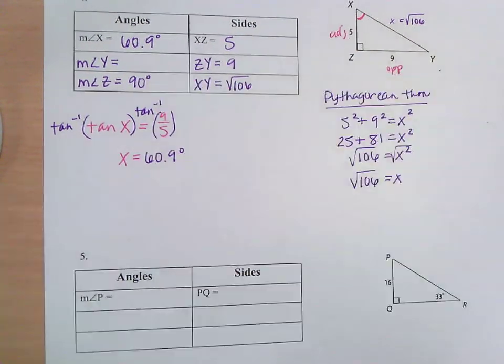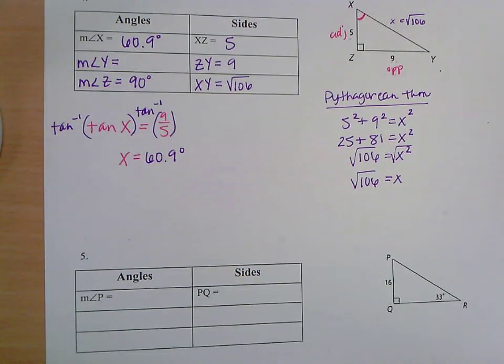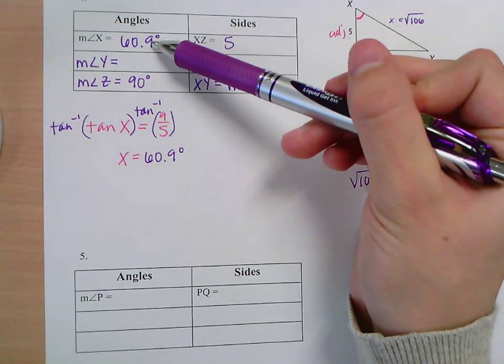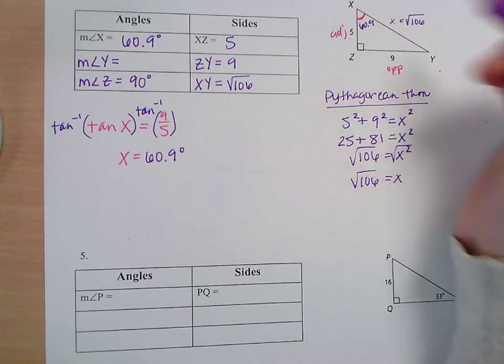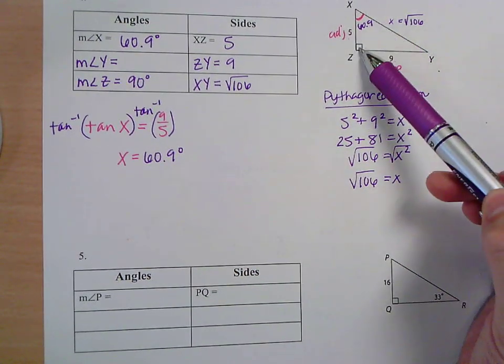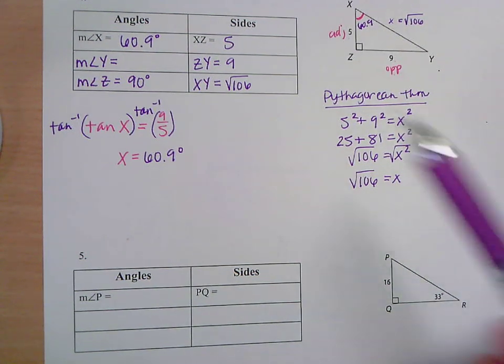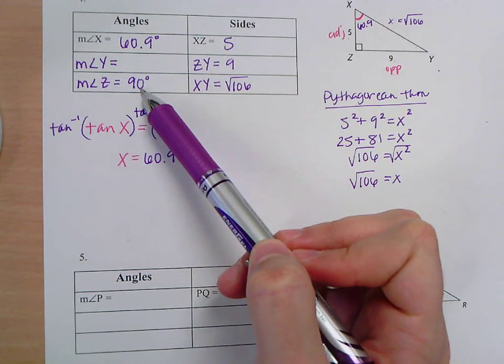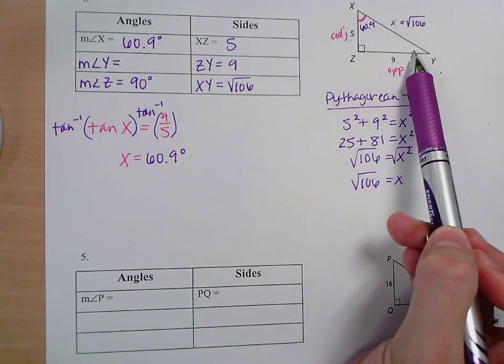Okay, and then I certainly can use another trig function to find the measure of angle Y. I don't have to. If you know two angles in a triangle, you can find the third one. I think we talked about this one day. Anyone know the three angles in a triangle, what they should all add to? 180. If you know two of them, and actually since this is 90, these two angles should add to 90.